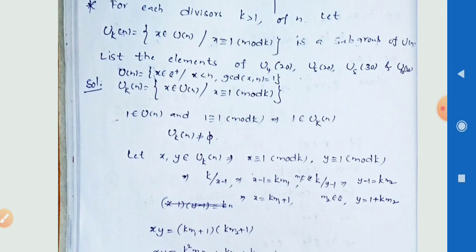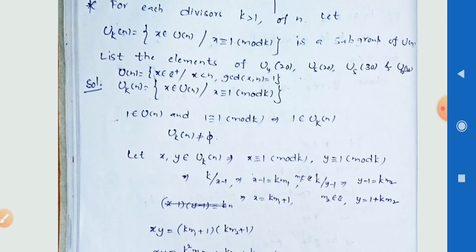Now I am going to show that U_k(n) is a subgroup. Let x, y belong to U_k(n). If x belongs to U_k(n), the condition must be x congruent to 1 mod k. If y belongs to U_k(n), the condition must be satisfied: y congruent to 1 mod k.